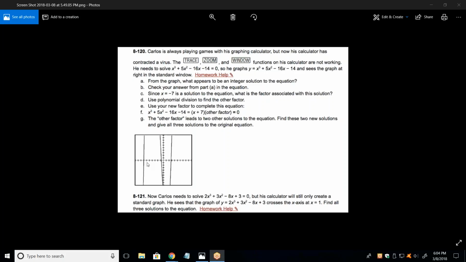But you're right. All 3 of these lines that cross the x-axis have to be zeros. So when they say, what is the integer solution? Well, clearly that one and that one is not an integer solution, but that one is. In other words, there's your -7.